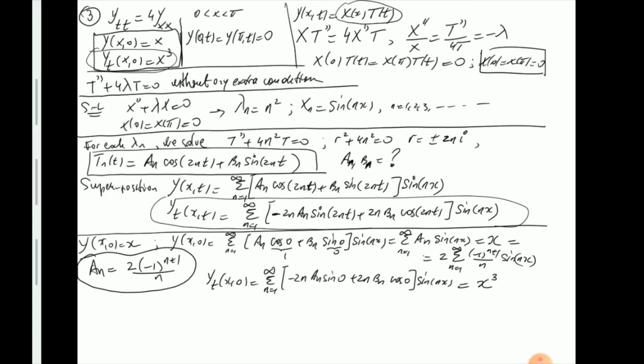Now x cubed on the interval 0 to pi as a Fourier sine series is going to be 2 times the summation from 1 to infinity of minus 1 to the n plus 1 times n pi squared minus 6, over n cubed, sine of nx. Make sure I copied that correctly.